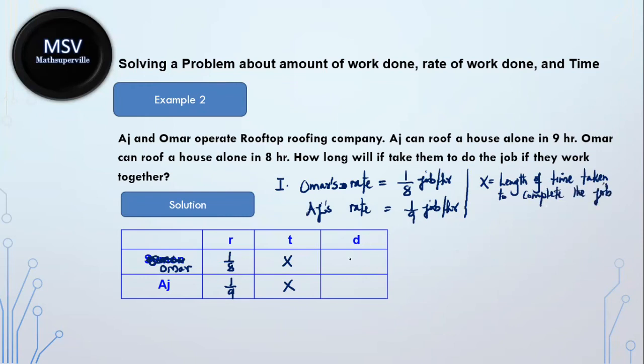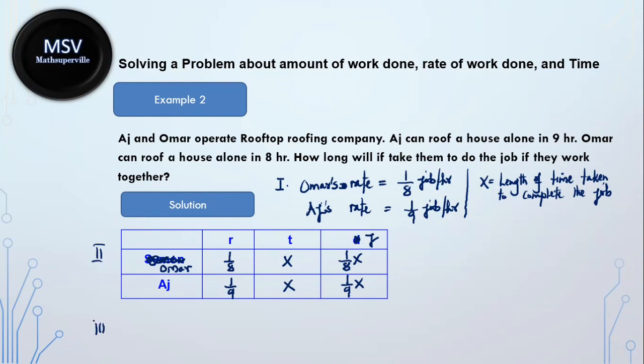So that means Omar will complete 1/8 of X. So let's call this DJ to mean the amount of job done by Omar. And then the amount of job done by AJ will be 1/9 of X. So that's step 2.